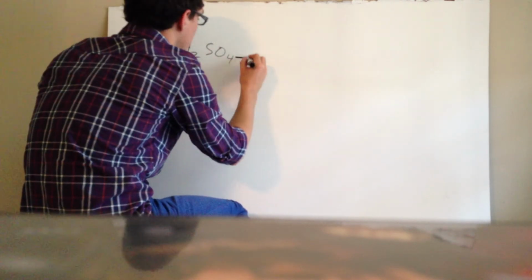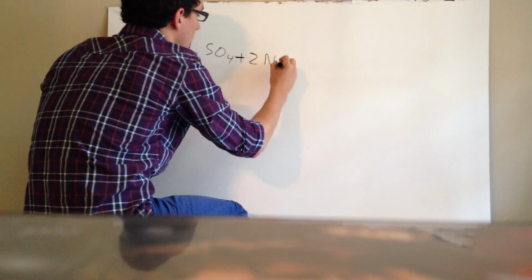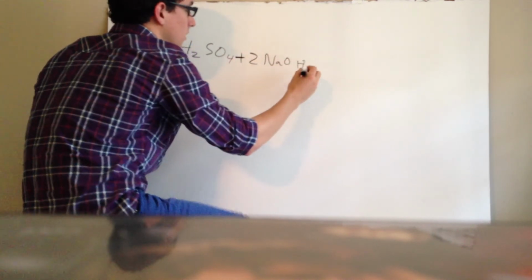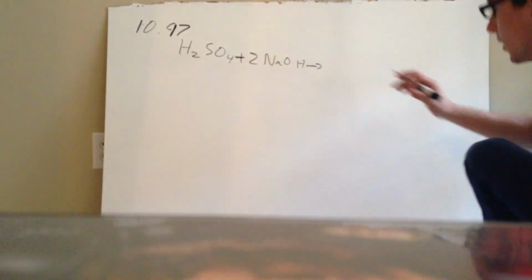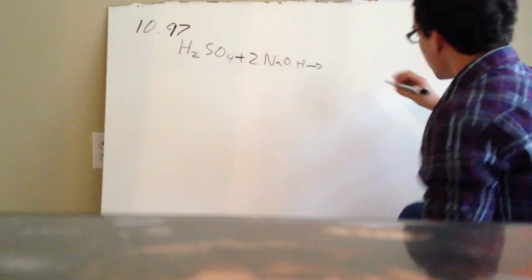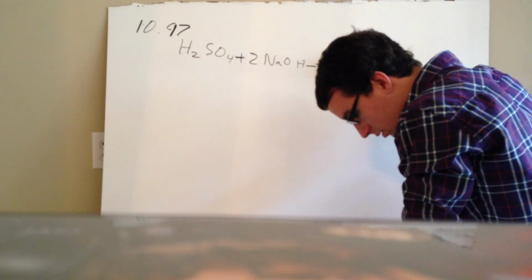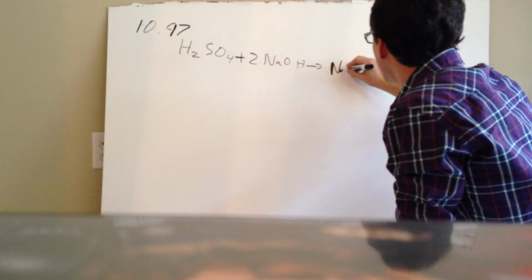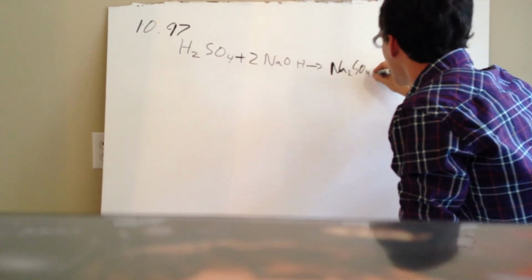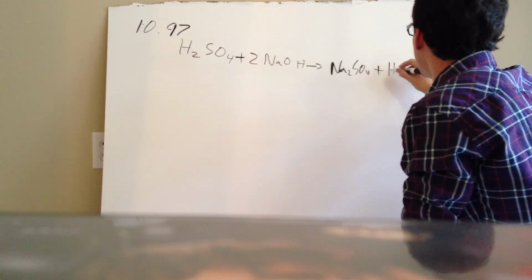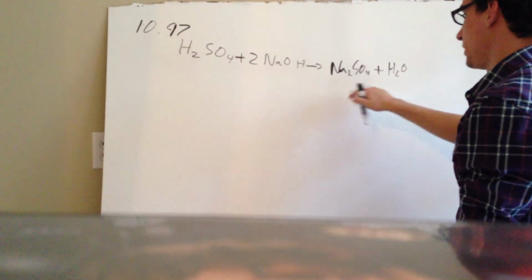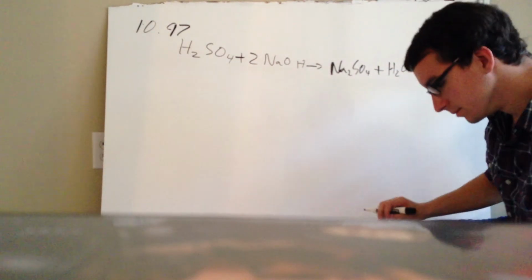H2SO4 plus 2 NaOH yields Na2SO4 plus 2 H2O. This is liquid, these are aqueous, just FYI.